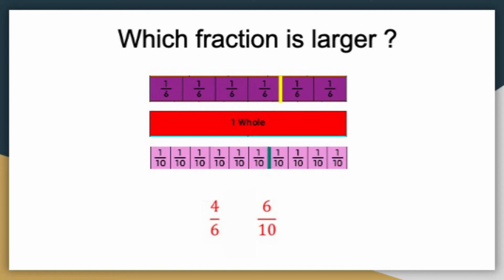We're going to line up our 10th bars and our 6th bars with our whole. Let's mark off where our 6/10 is, and let's mark off our 4/6. Which fraction is closer to 1? That's definitely correct. 4/6 is closer, hence it is larger than 6/10.